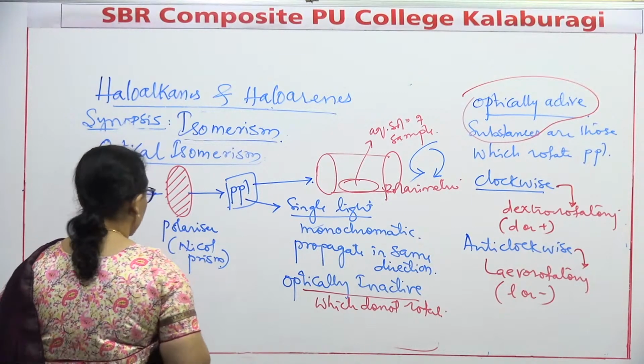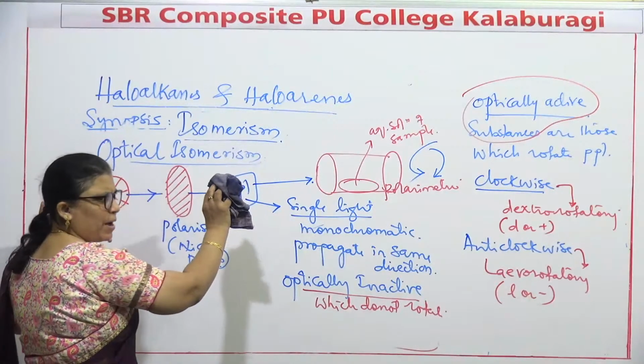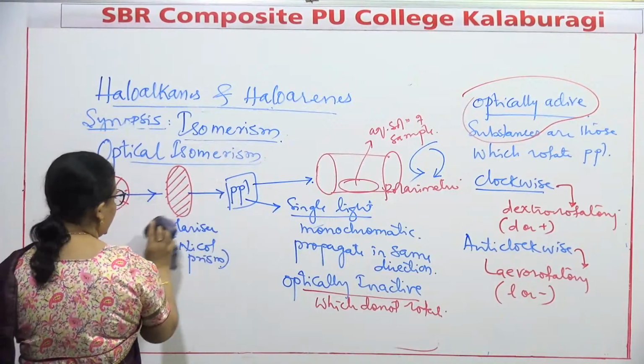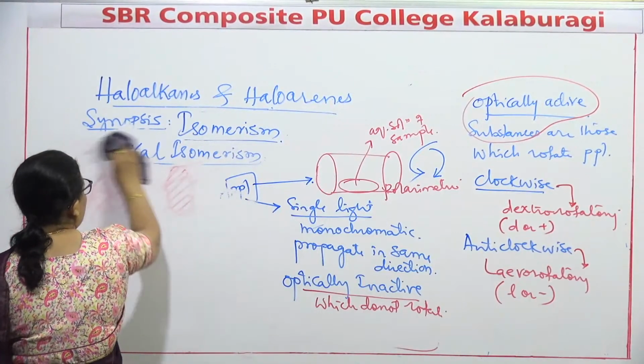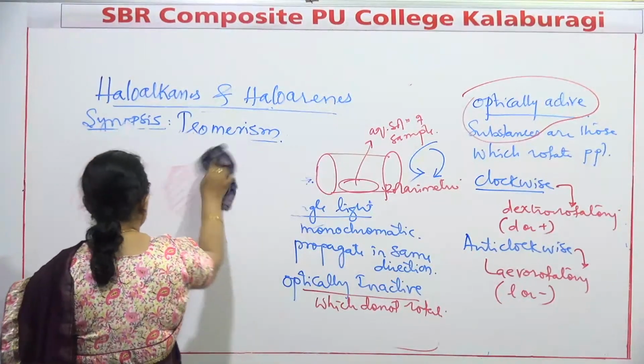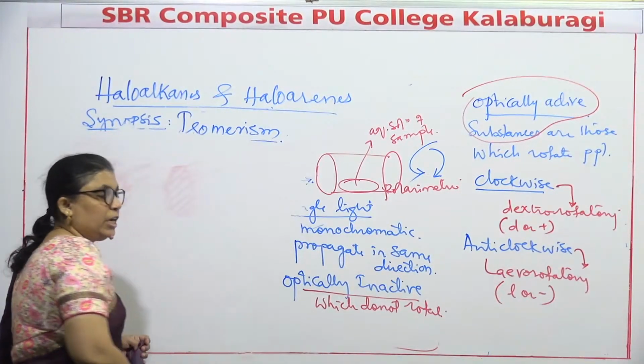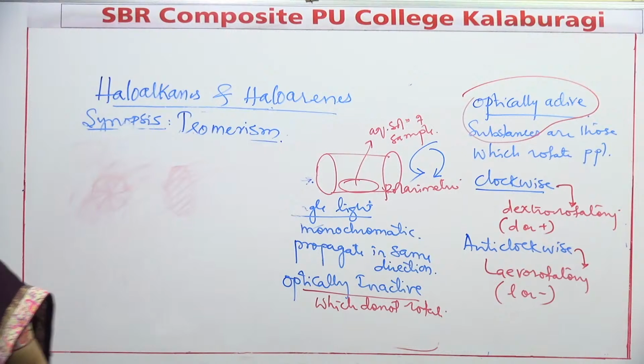So you might have got the clear picture. A partial diagram I have represented; everything we have discussed in the theory class, but to understand optical activity, here I have represented. Remember one thing, whenever we are calculating the specific rotation, we can write it in terms of the degree of deflection.